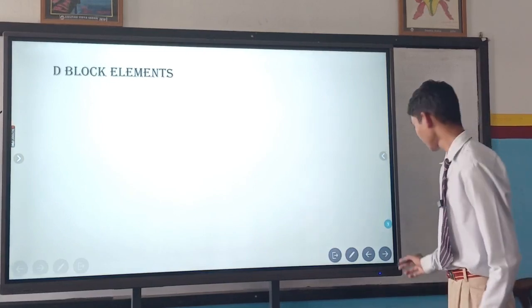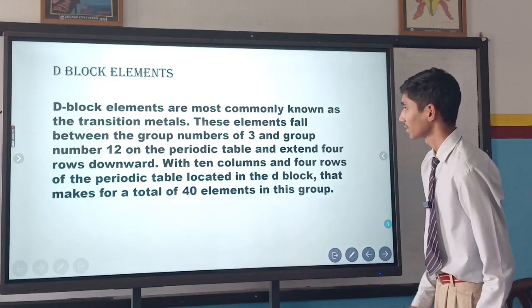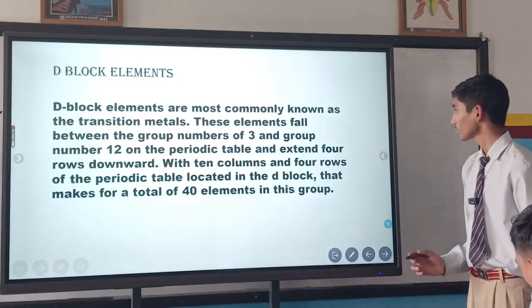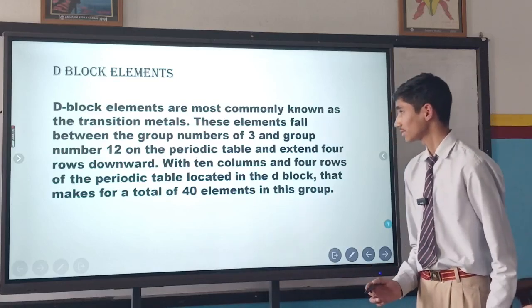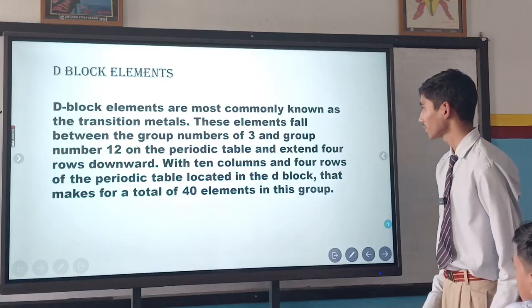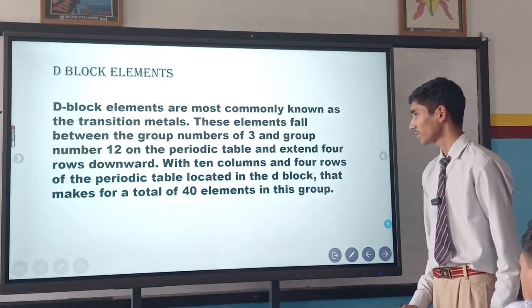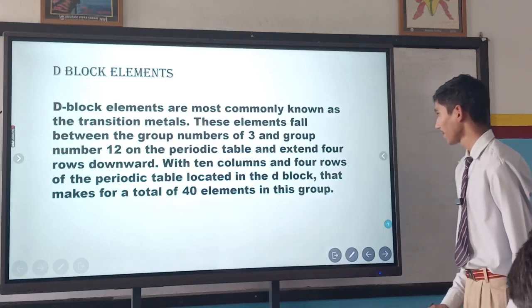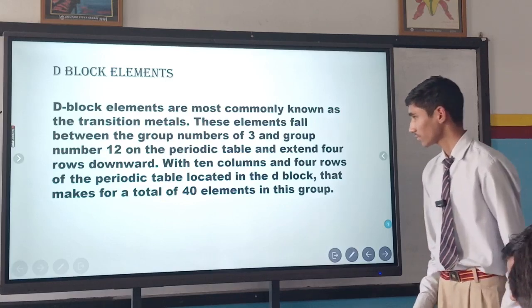D block elements. D block elements are most commonly known as the transition metals. These elements fall between group number 3 and group number 12 on the periodic table and extend 4 rows downward.